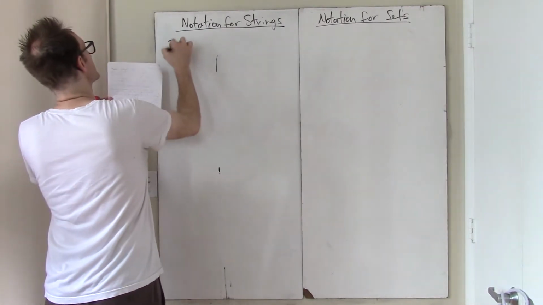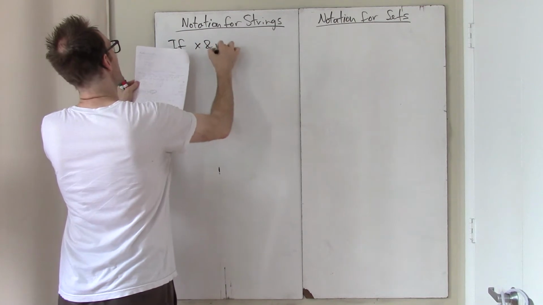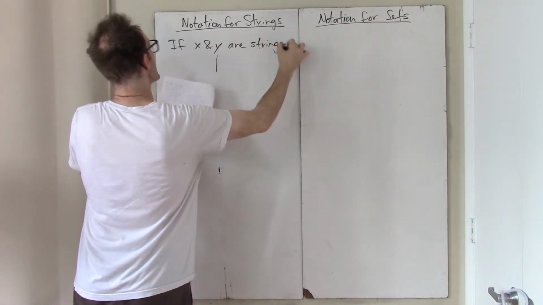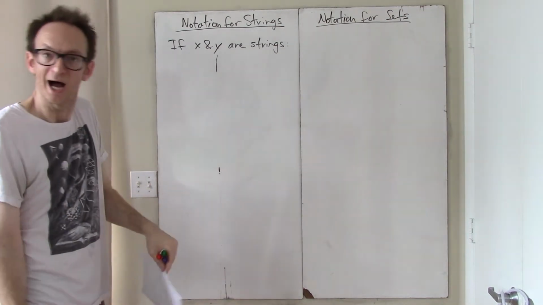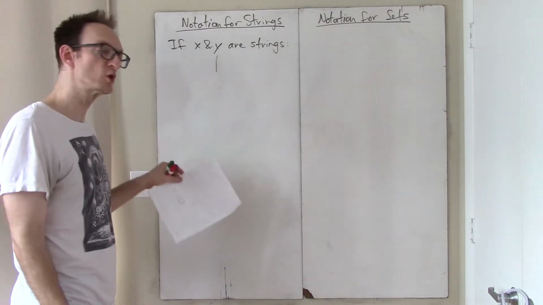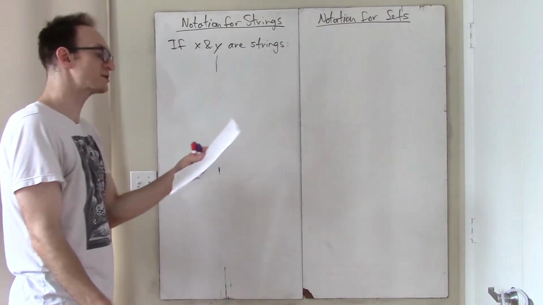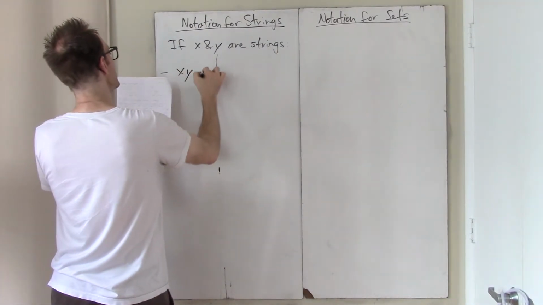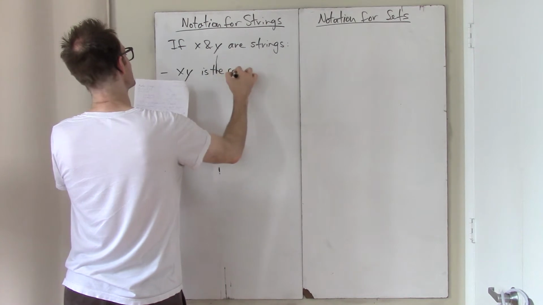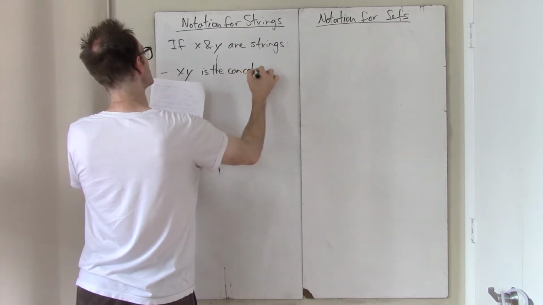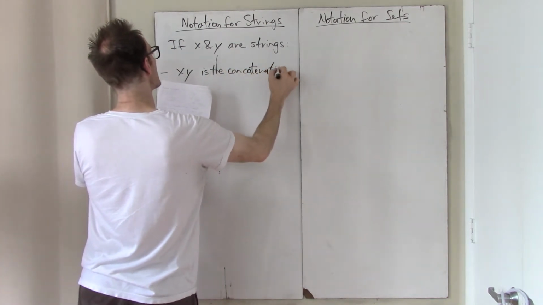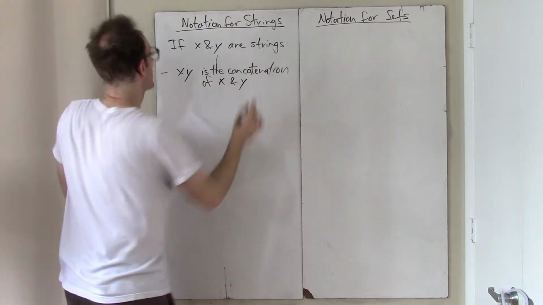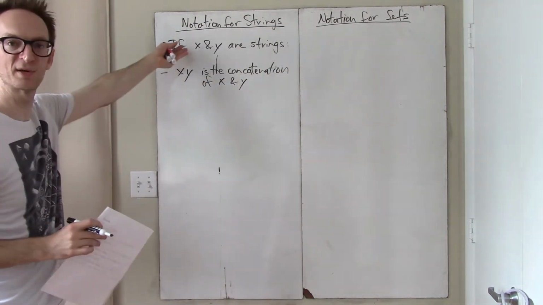So, if X and Y are strings, so give me any two strings, I hereby define some new notation, which is also a string. X, Y is the concatenation of X and Y. Duh. This one you're probably pretty familiar with.